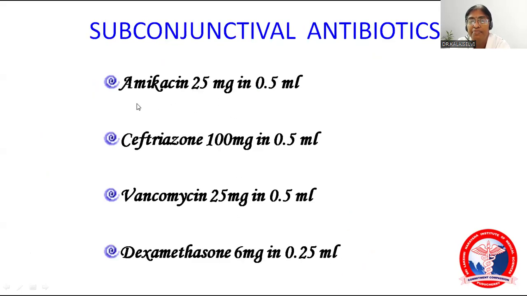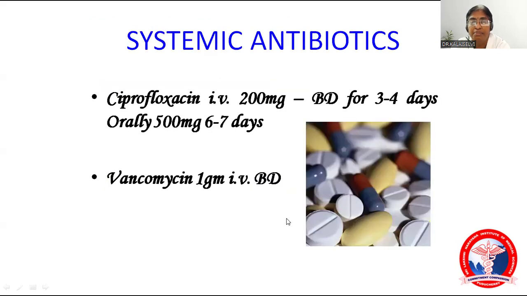The subconjunctival route can be used either with the same, which is quite common. Then antibiotics and dexamethasone. Dexamethasone can be given only in bacterial endophthalmitis after the initial cover of antibiotics, and never in fungal endophthalmitis. Systemic antibiotics, ciprofloxacin, ceftriaxone, all of this can be given orally, for 15 days, and subsequently for 6 to 7 days.